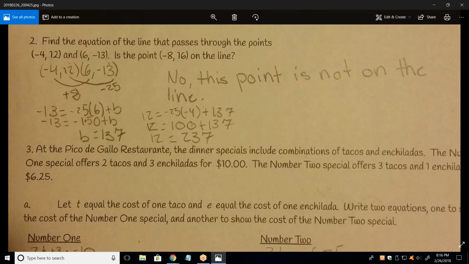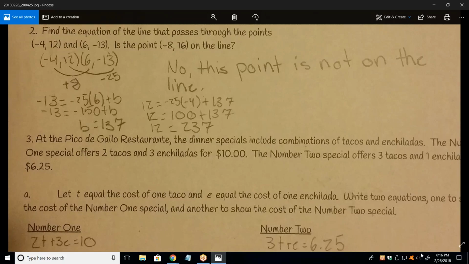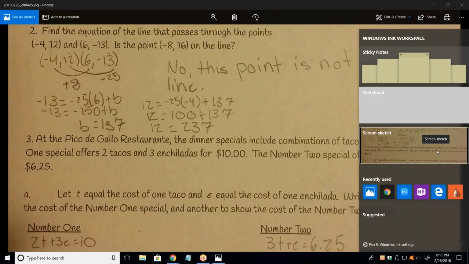Yeah. Slope is rise over run. Okay, that's what you should always remember, is rise over run. Nothing but that.